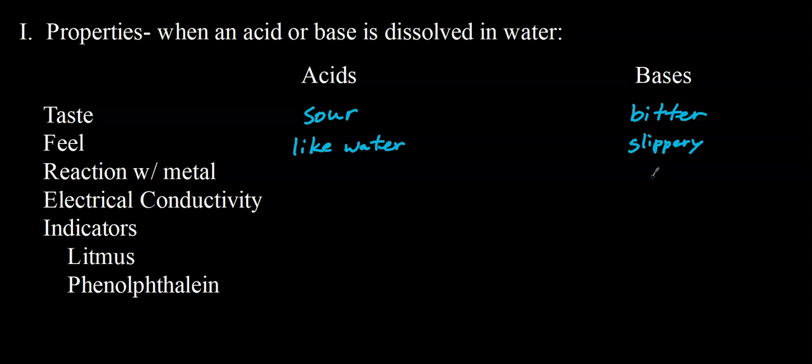All right, reactions with metals. Acids do react with metals. And the reaction between a metal, say magnesium metal, and an acid produces, among the two products, hydrogen gas. So magnesium and hydrochloric acid, for example, would produce hydrogen gas.